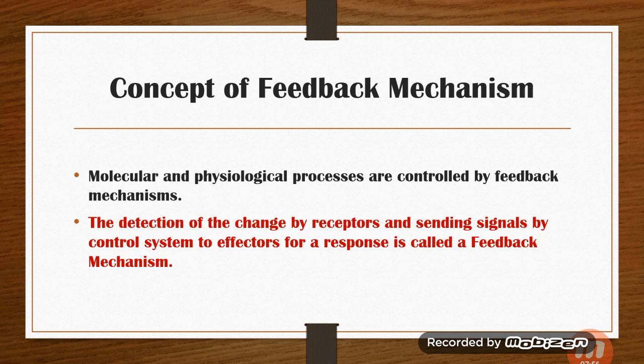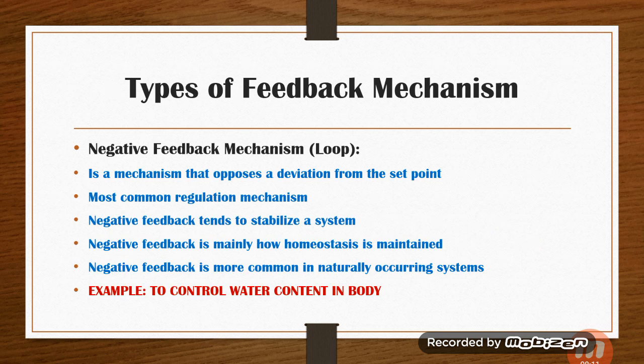The detection of the change by receptors and sending signals by the control system to effectors for a response is called a feedback mechanism. There are two types of feedback mechanism. First is negative feedback mechanism and the second one is positive feedback mechanism.